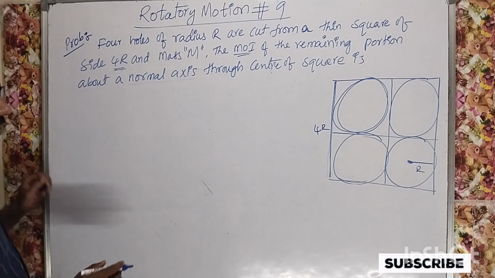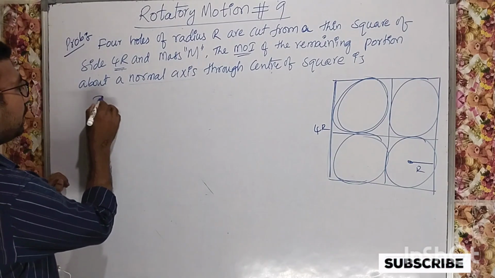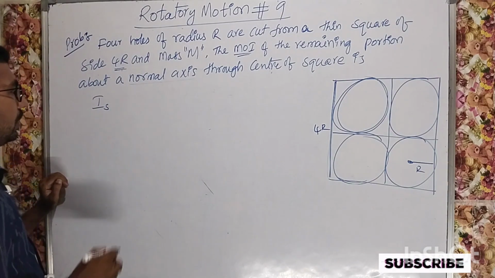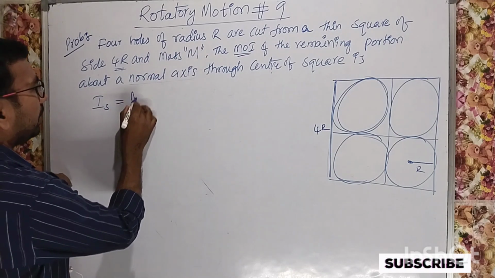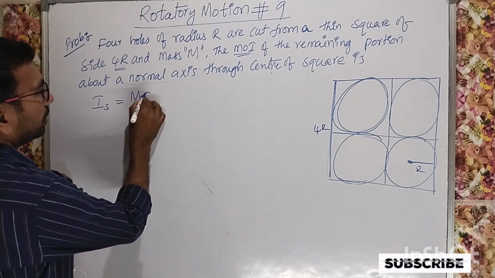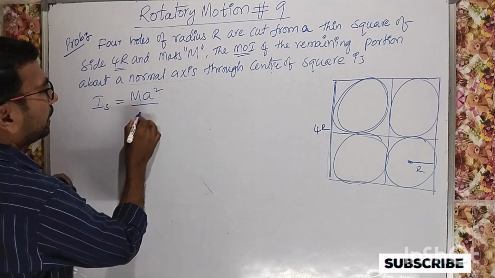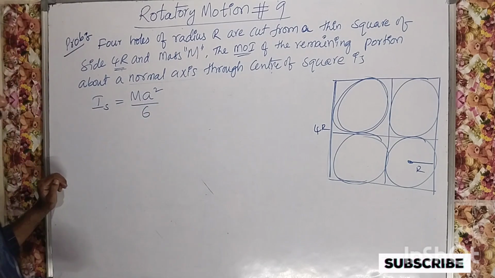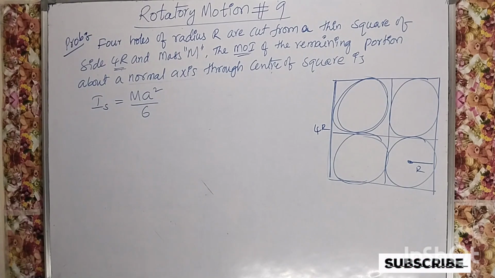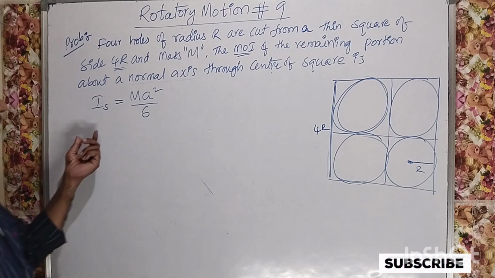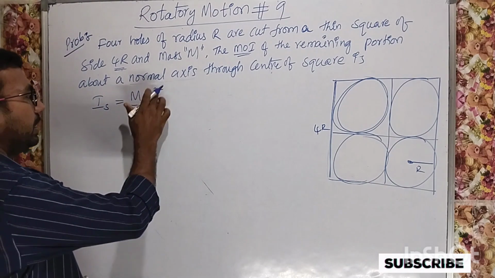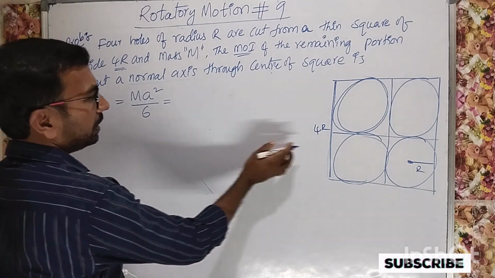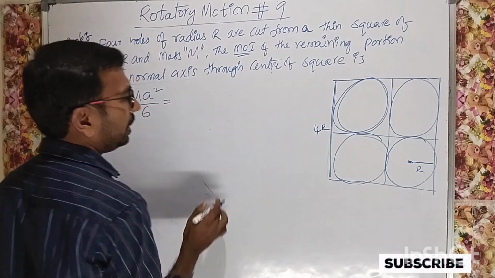So first you can find the moment of inertia of the square. We know the moment of inertia of a square of side A, the formula is M A square by 6. What about A here? A is equal to 4R.